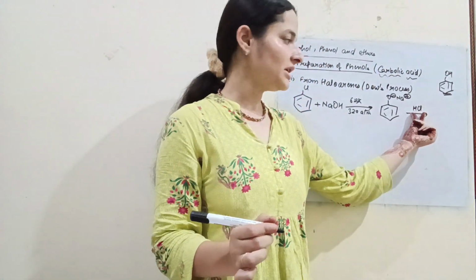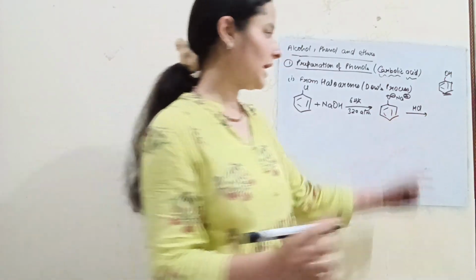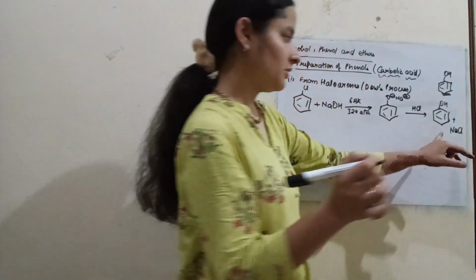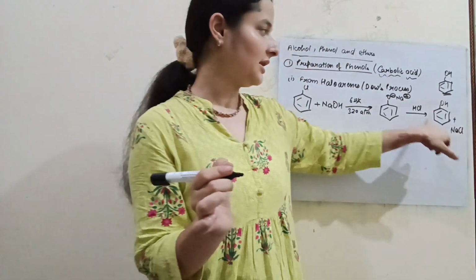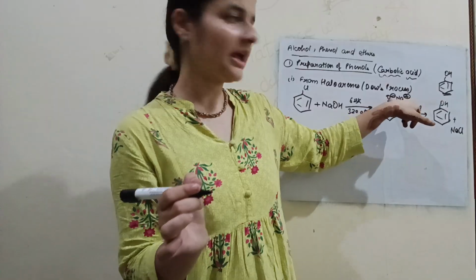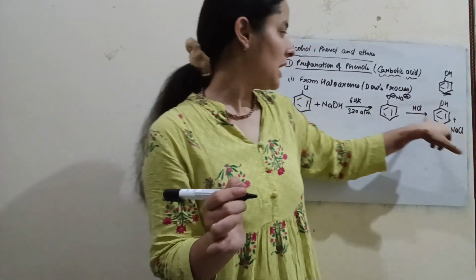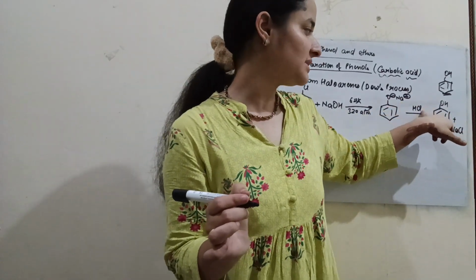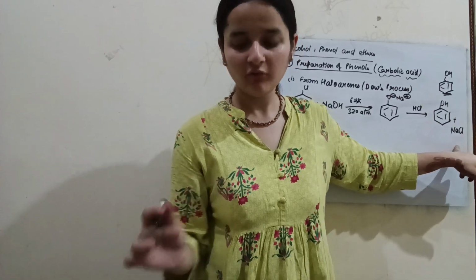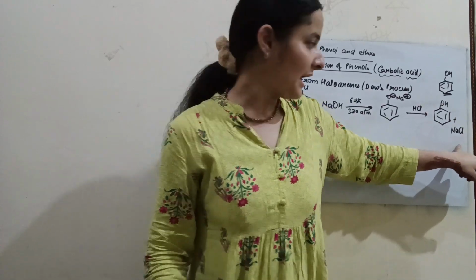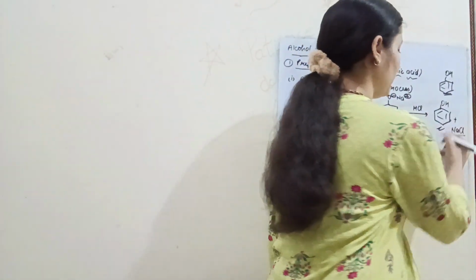As I am using HCl over here, I will get phenol plus NaCl. H positive will go to O negative and it will form phenol, and Na positive will bind with the Cl negative of HCl and it will give NaCl. And NaCl is removed over here and you will get phenol as your main product.